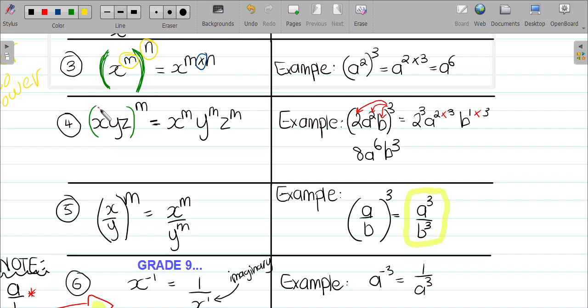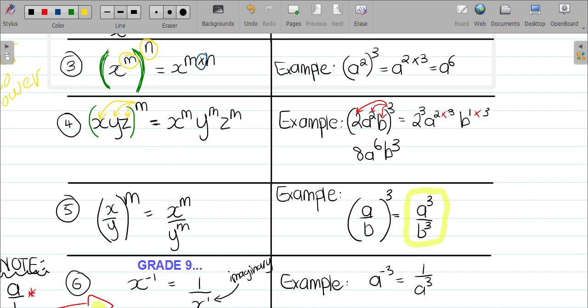Okay, number 4 is what happens here is we have a bracket, and now we have multiple things or variables. Even if you have a number inside of this bracket, it is all being raised to a power. So every single thing inside of this bracket is going to be affected by the power on the outside.